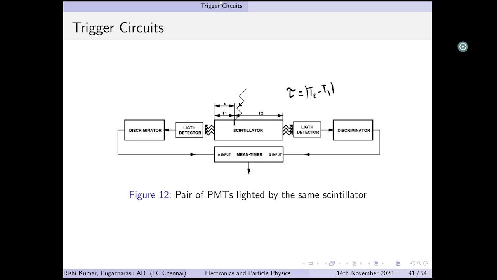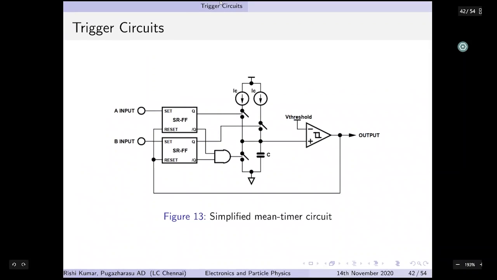And in fact, we can simplify this a little bit more by means of waveforms. So here, more events are actually happening, and it's not just one.